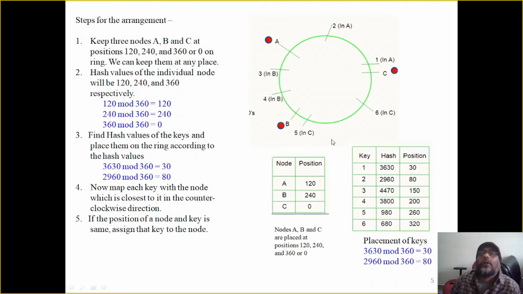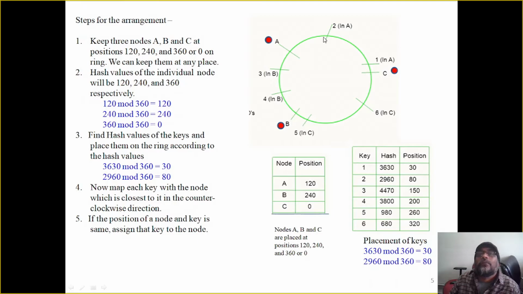Now we make a rule that when we move on the circle in the anti-clockwise direction, whatever node comes, we assign these keys to that node. Now map each key with the node which is closest to it in the counterclockwise direction.